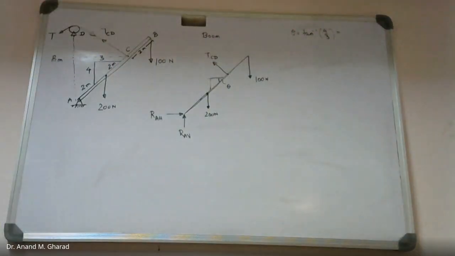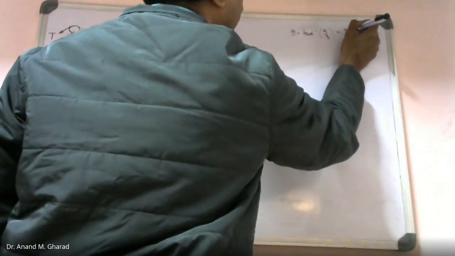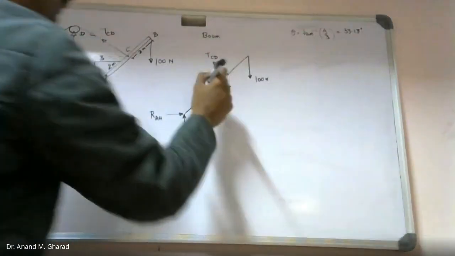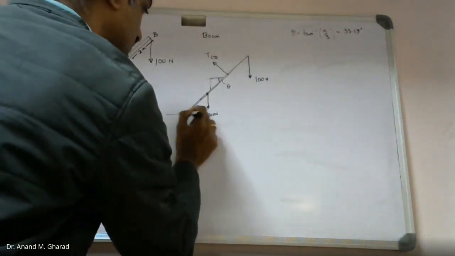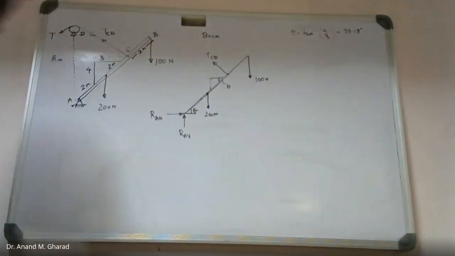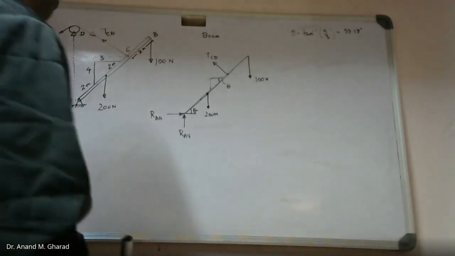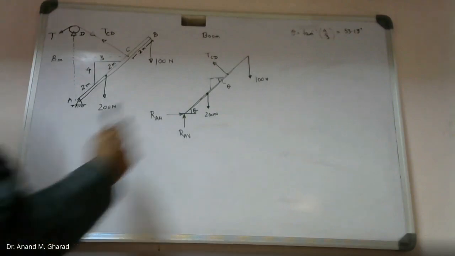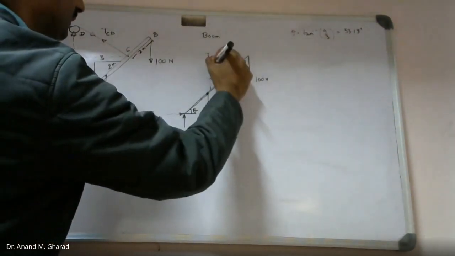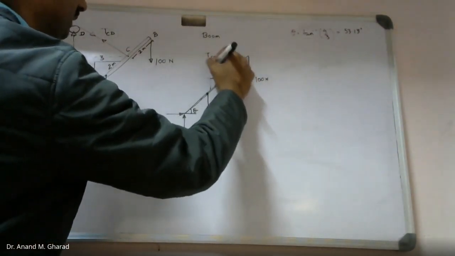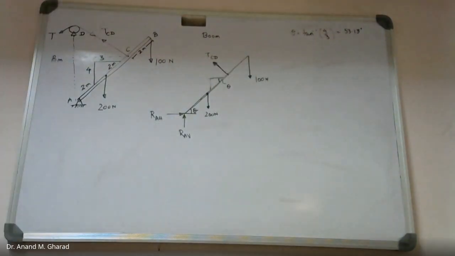How much does this come out to be? 53.13. And if this is 53.13, this will also be the same value of theta. Alternate angles. Okay? Then now you need to be careful as far as this angle is concerned, that is, the angle which is made by this inclined force.